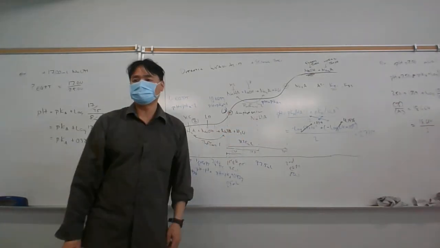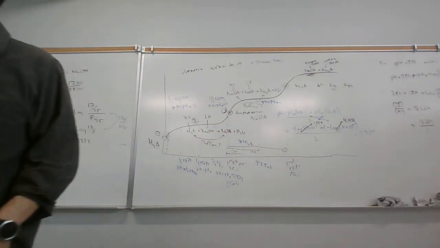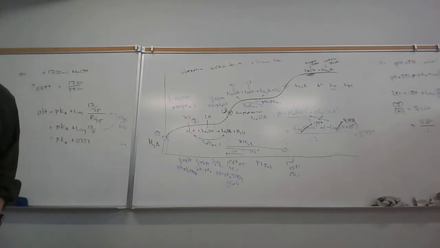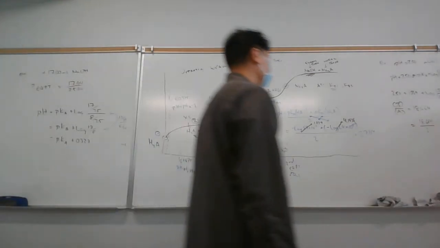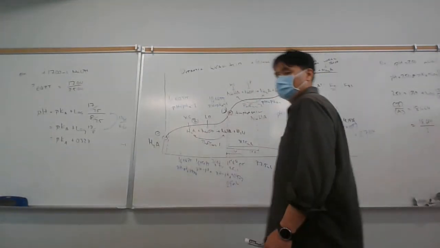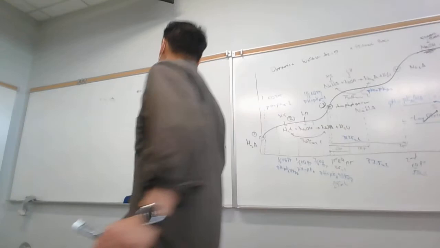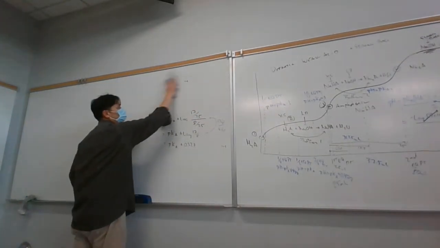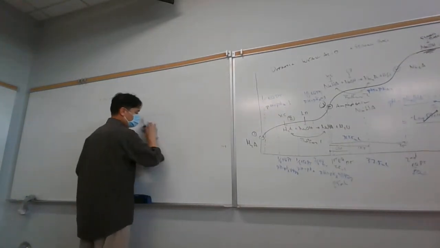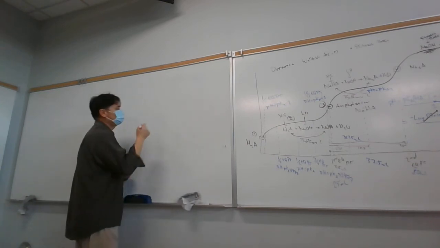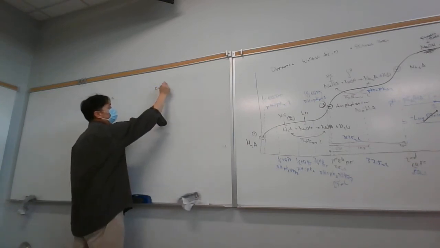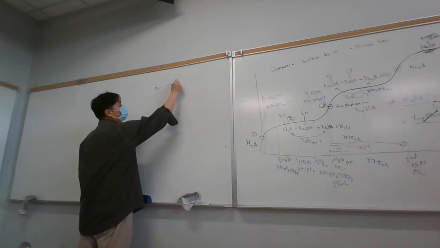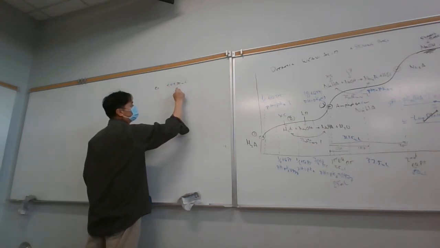Or we could pick any volume. If we pick any volume, like pick a volume in that region, and let's do a calculation. We have to do an extra step. Between 25 and 50 milliliters, 42 milliliters, okay. So at 42 milliliters, we know that we're in buffer region 2.